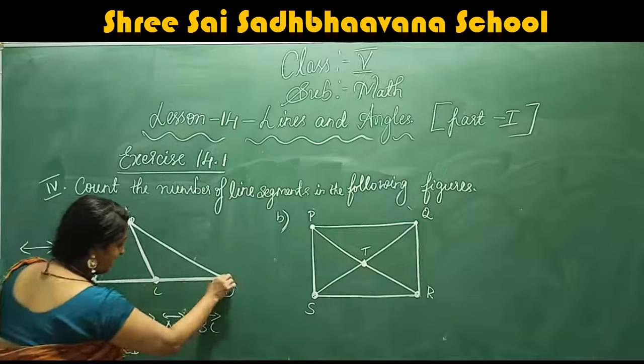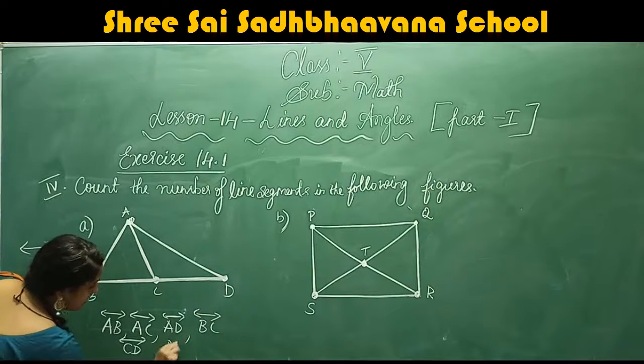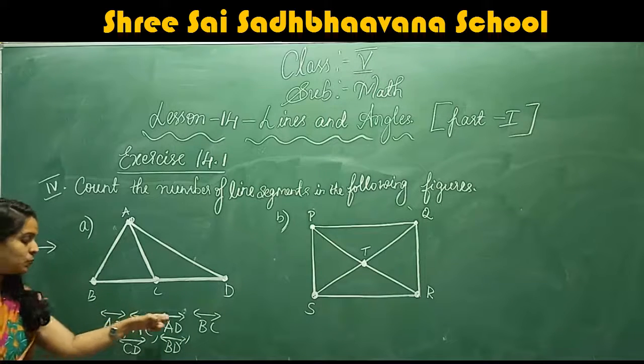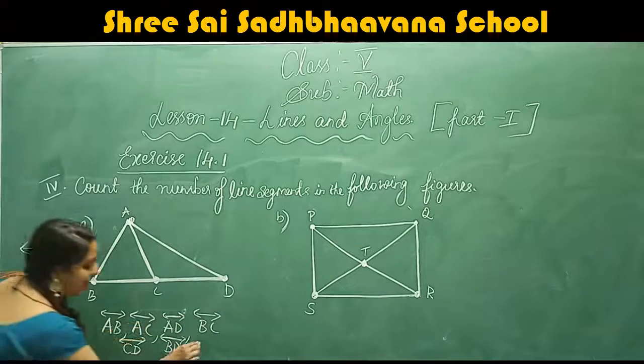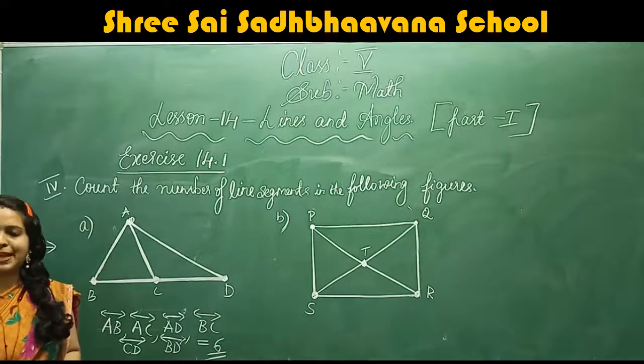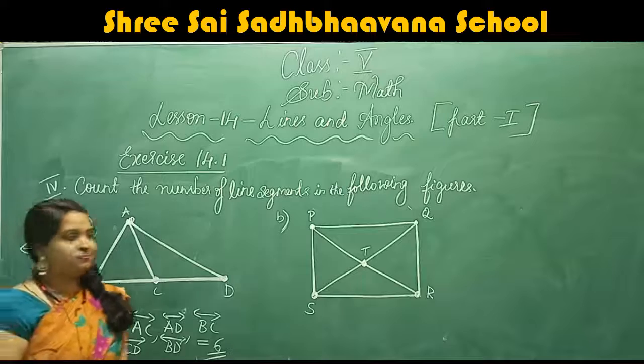Together from here to here, line segment BD. So how many line segments did you get now? 1, 2, 3, 4, 5, 6. So there are 6 line segments in the figure. Understood? Move on to the next one.